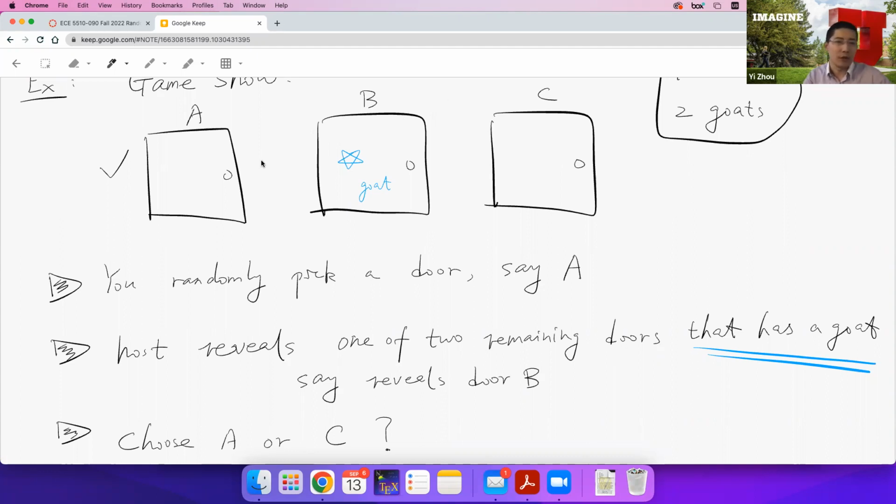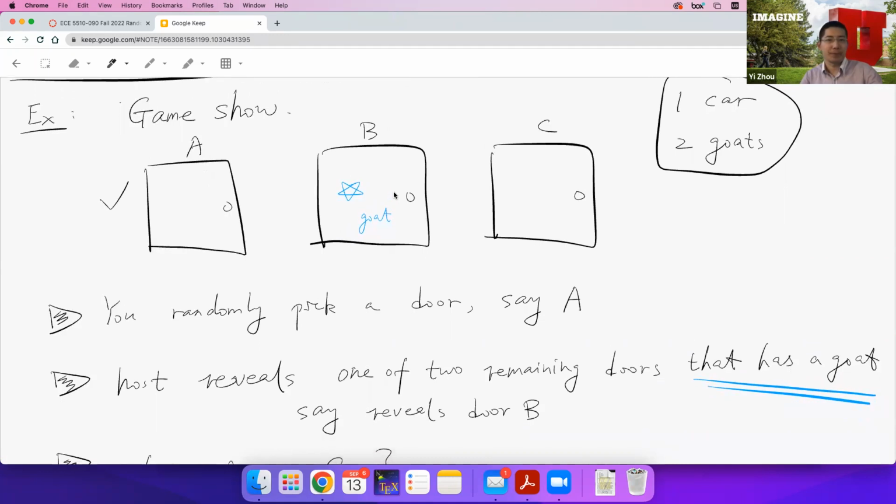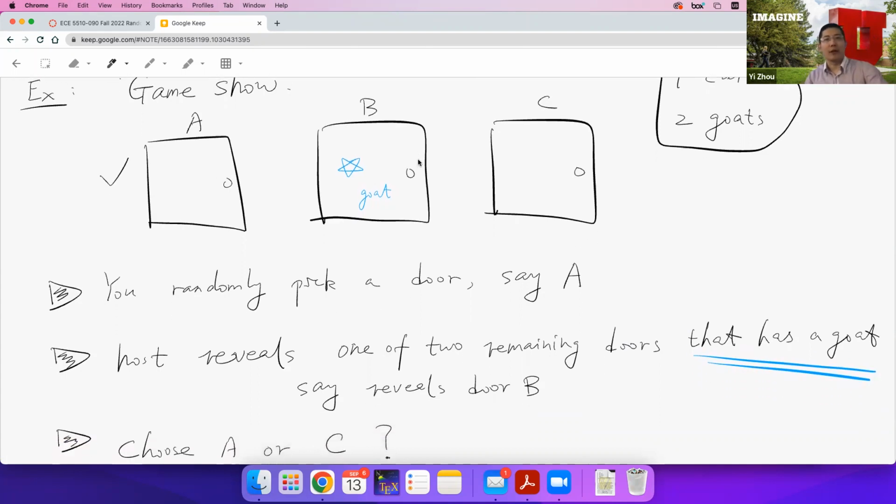So now it's kind of like selecting one door out of two doors. Okay, so any ideas, any intuition on this problem?